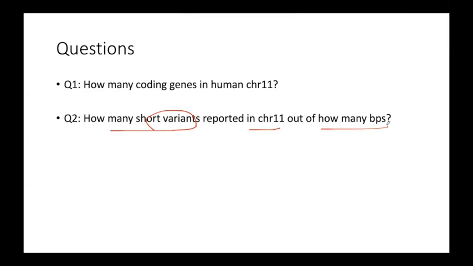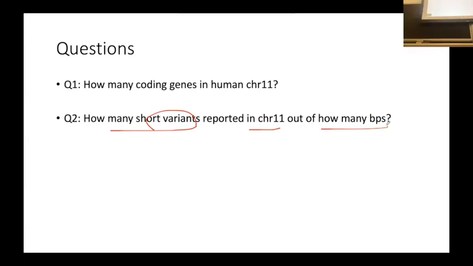So that's the haploid genome of chromosomes 1 to 22 and the sex chromosome, roughly. And chromosome 11 is about 135 million out of this. So probably 135 out of 3,000, which is roughly 1/20. And the number of variants is around 33 million.